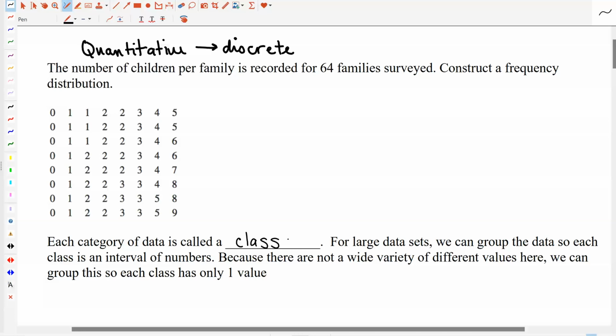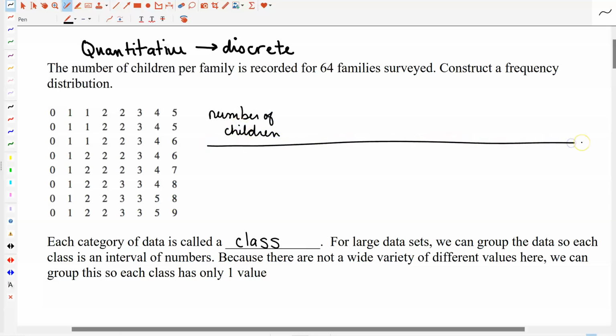So I'm going to go ahead and start making my distribution. So I have number of children, which is going to be one of my headings, and I'm going to make my table going horizontally as opposed to vertically because that's the space I have. So I'm going to be tracking number of children and then frequency.